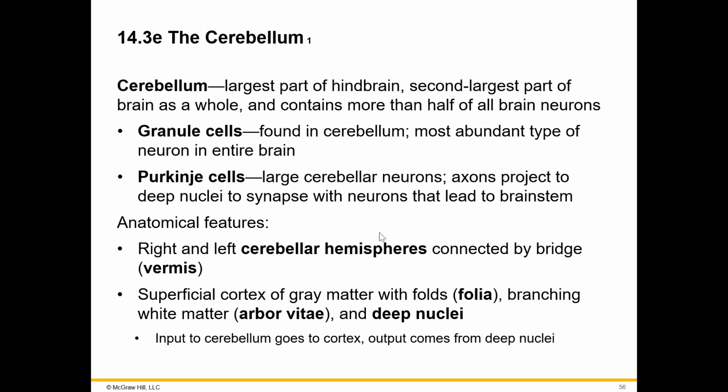What's the name of the fissure in the middle? You know, the same way our cerebral cortex is cut in the middle in half, so is the cerebellum. But we don't call that the cerebral fissure. We don't call it the corpus callosum. What do we call the middle fissure that cut my cerebellum in half? Longitudinal fissure.